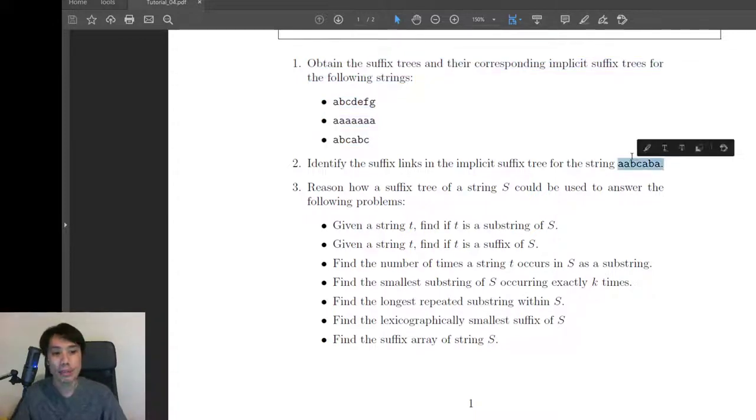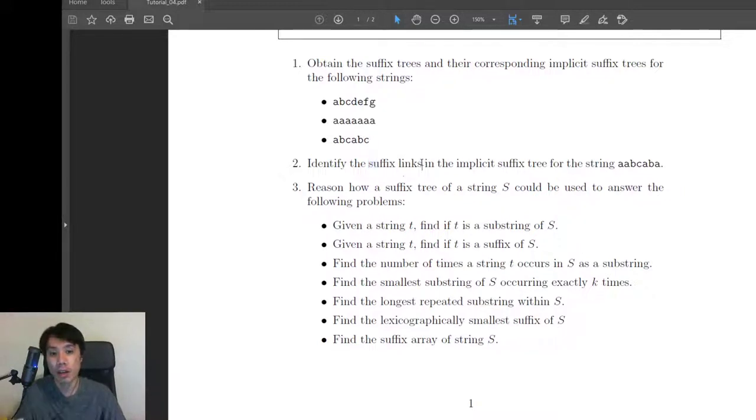For question number 2, instead of only implicit, I will also include an explicit tree. If you remember from Ukkonen, you draw out an implicit tree first, you grow your implicit tree, and once you grow your implicit tree, you put in your terminal character, converting from implicit to explicit. At the same time, I'm going to include your suffix link.